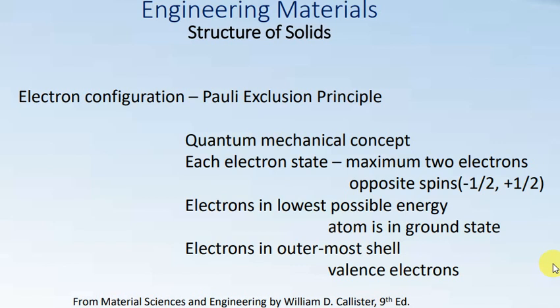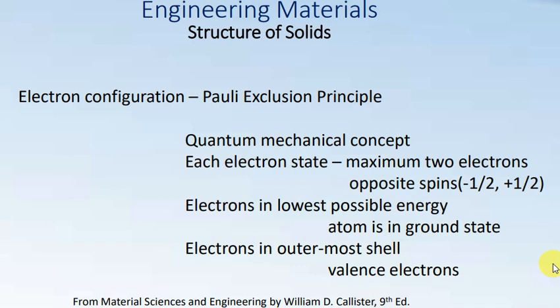With these wave mechanical concepts, electron configuration is further determined with the help of Pauli's exclusion principle. This principle states that no two electrons can have same spin in one state.